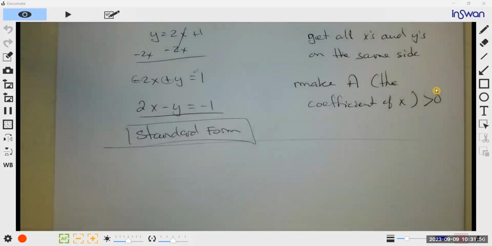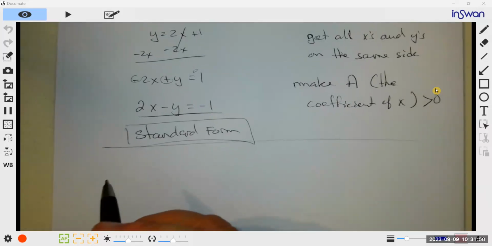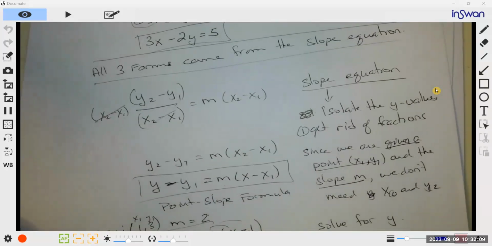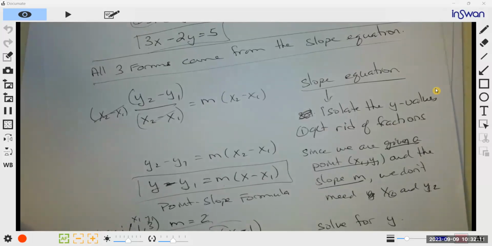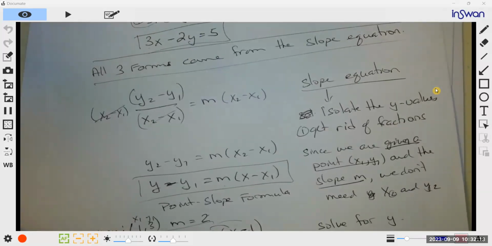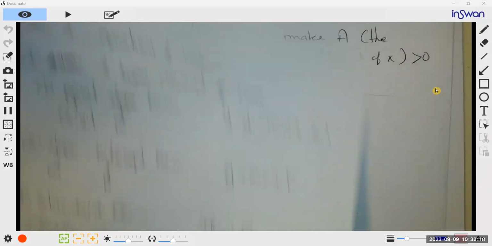So now, that's if I give you a point and a slope. If I give you a point and a slope, I could plug it into here and here, like I did there. I plugged in the point in x1, y1, and I put the slope in m.